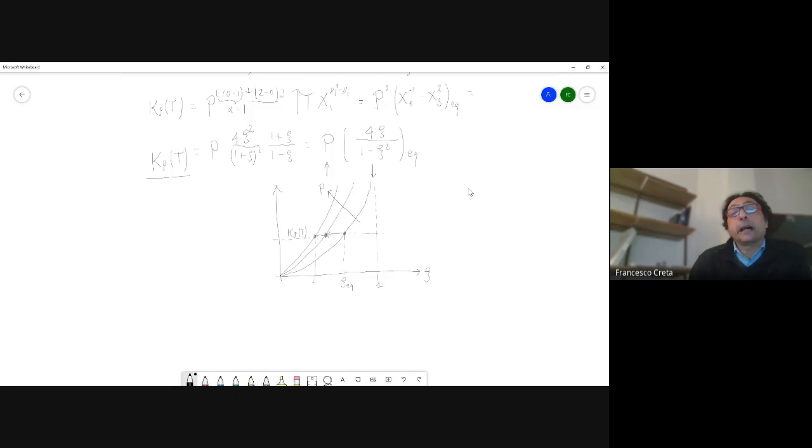So you see that now the equilibrium at higher pressure has shifted more to the left, as we expected.